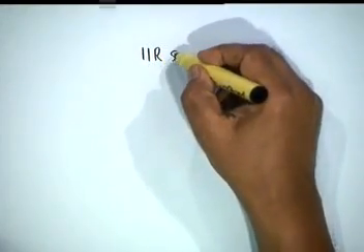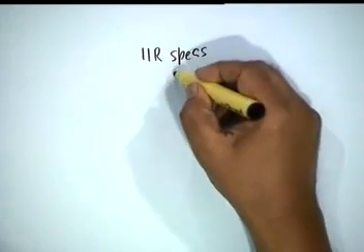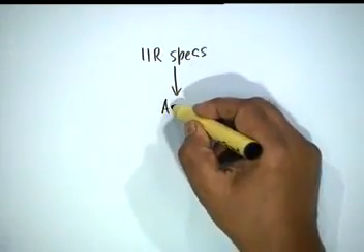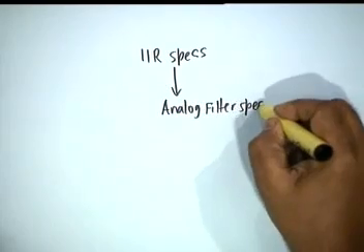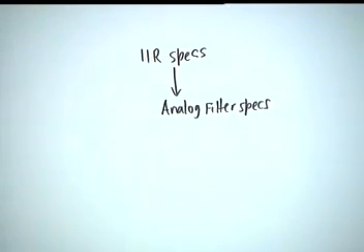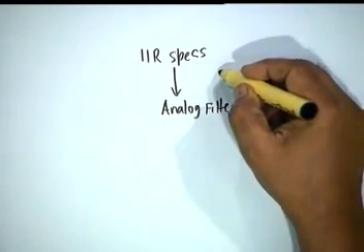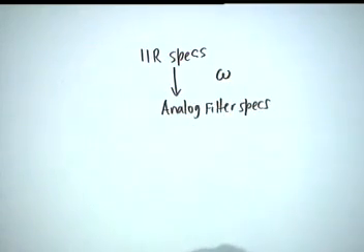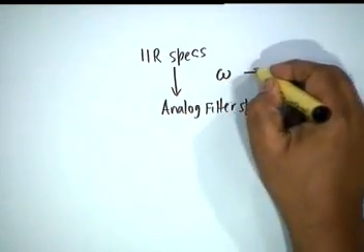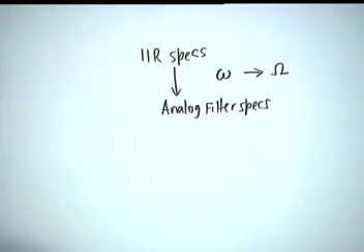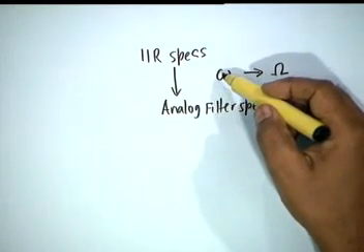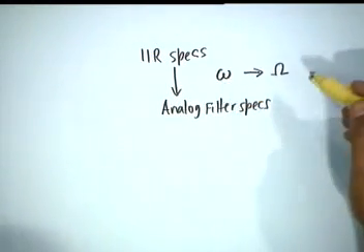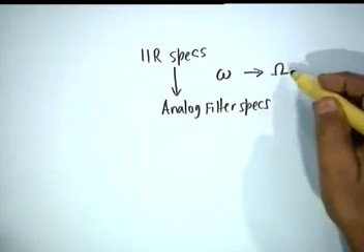And this comes about because IIR specs can be transformed to analog filter specs, by using a transformation from the normalized digital frequency, small omega, to the analog frequency, capital omega.